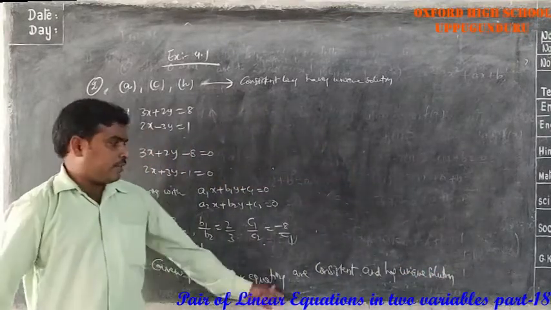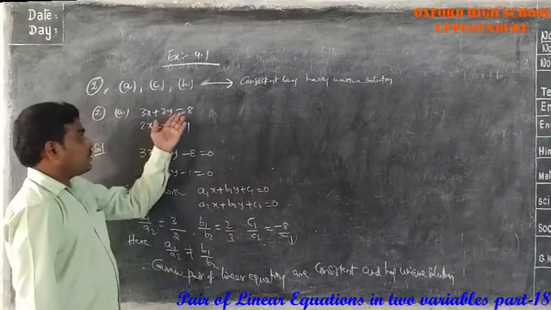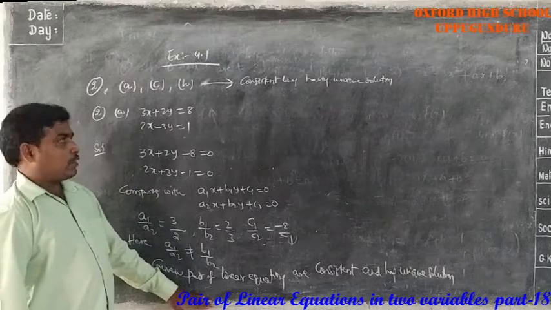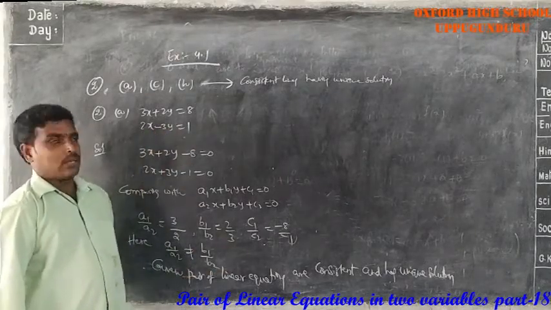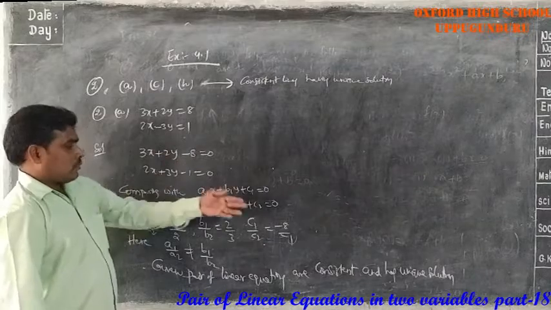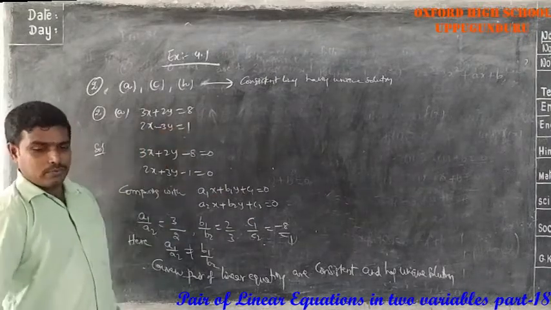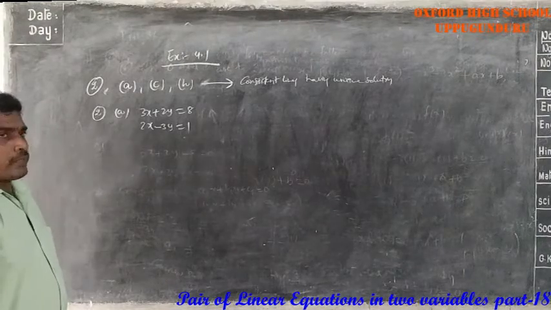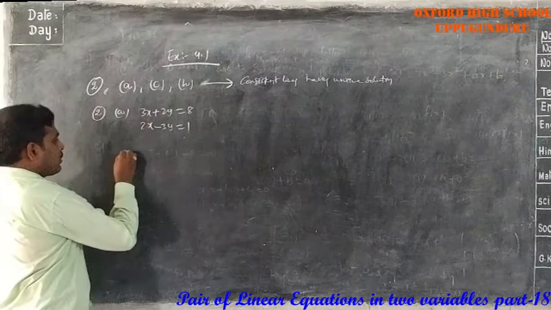Now you have to find this unique solution from the graph by representing these equations on the graph. So up to here, you were checking whether this pair of linear equations is consistent or not. Now you are solving them, finding that unique solution, from the graph. To represent and solve these equations from the graph, first you have to find the values for each equation.